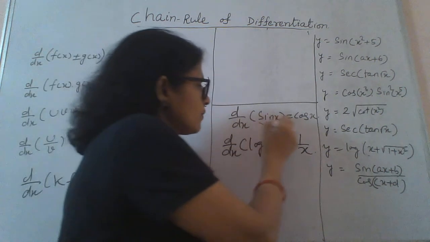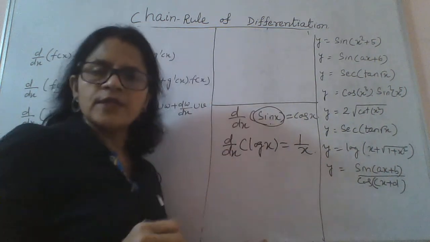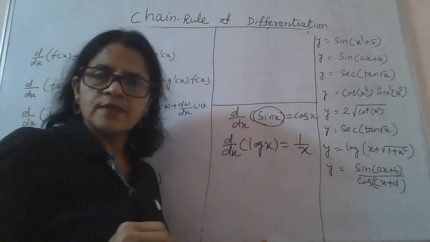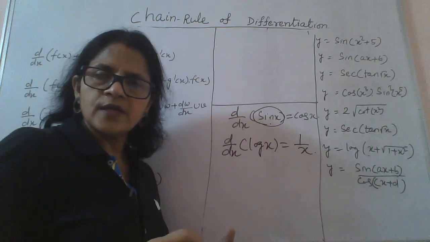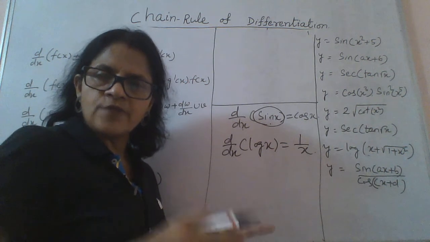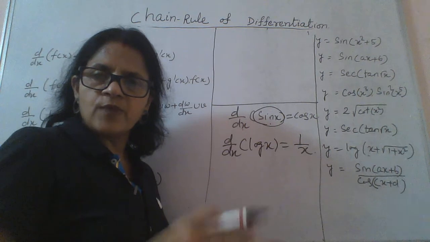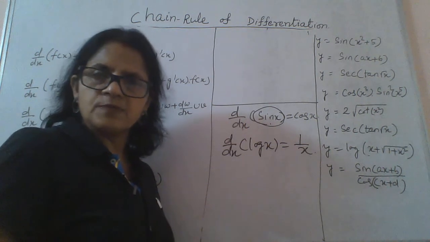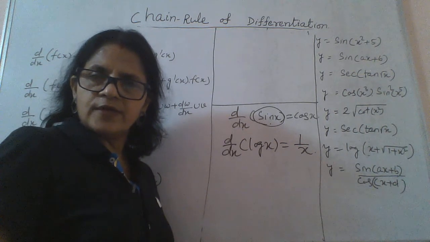Whenever we say sin x, it is a function of x. What does d/dx mean? It is basically an operator: dy/dx is the derivative of y with respect to x. Whenever you write d/dx of f(x), it is the derivative of f(x) with respect to x.